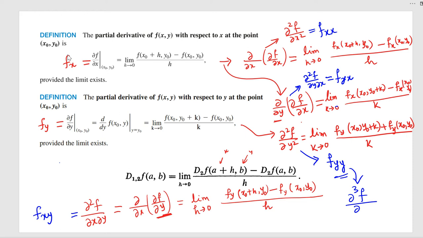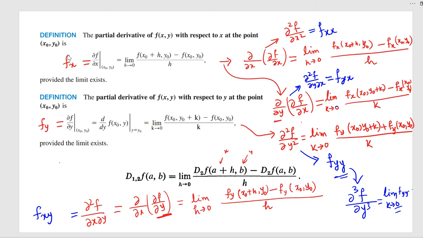So del y3. In that case, you take the limit k goes to 0, and then here you take fyy, and so on. You can take them. Similarly, you can define.